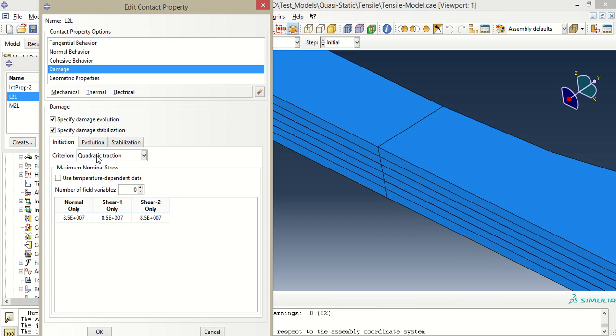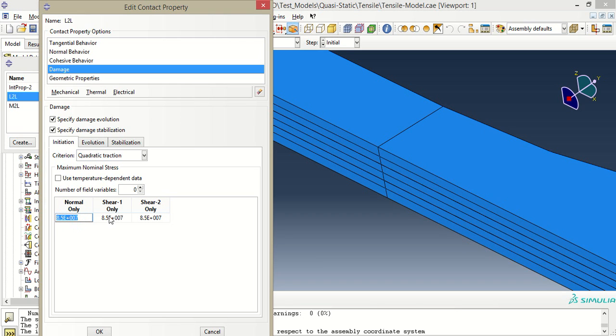What criteria do you need to take? You must know this. This is a quadratic traction criterion, the maximum traction after which the failure takes place. Usually 85 MPa is the maximum tensile strength the epoxy LY556 has when combined with hardener M10 at 10% hardener.